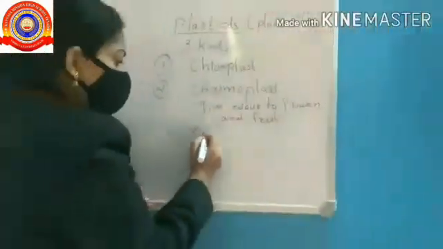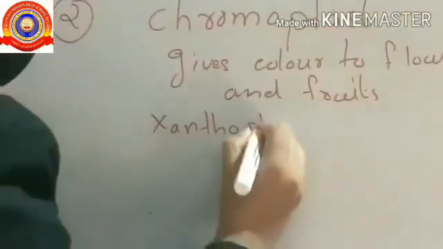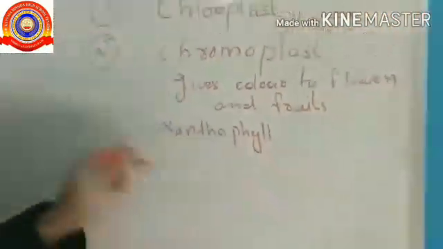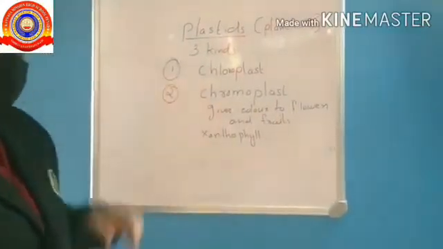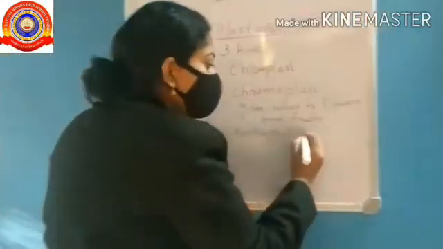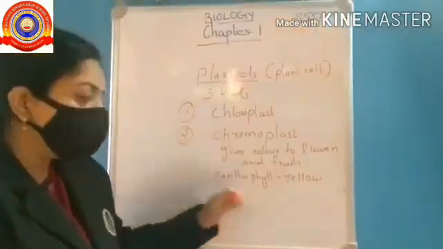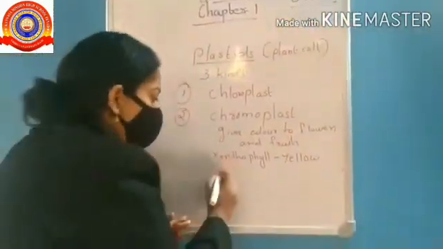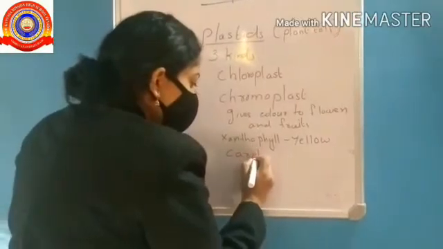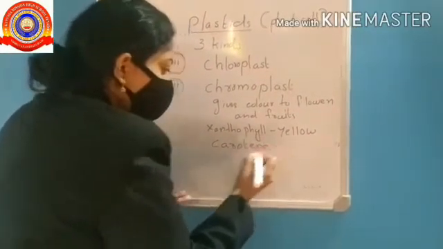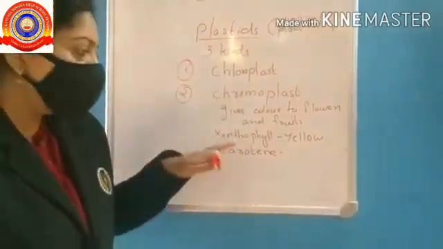The first one is xanthophyll. The xanthophyll is yellow in color. The second one is carotene.